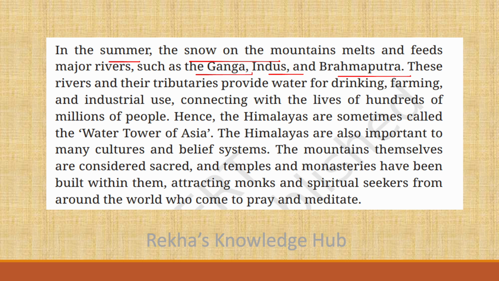This melting snow turns into water and flows down to big rivers like the Ganga, the Indus, and the Brahmaputra. These rivers and their tributaries provide water for drinking, farming, and industrial use, connecting with the lives of hundreds of millions of people.